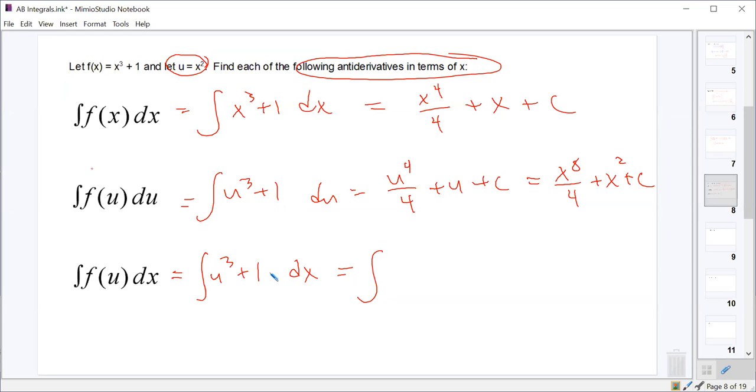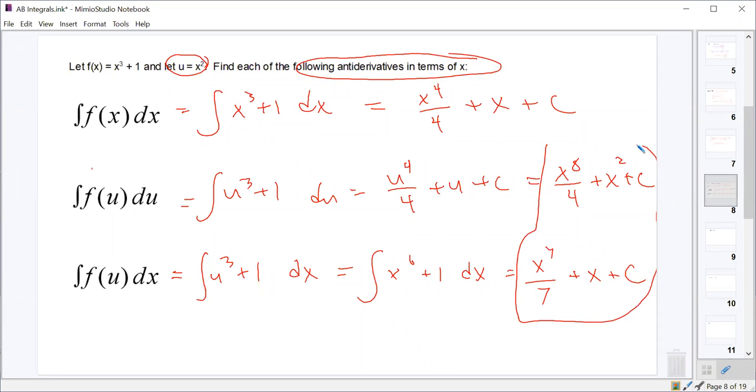And so what would u cubed plus 1 be in terms of x? X to the 6 plus 1. That would be x to the 6 plus 1 dx, which should integrate to become x to the 7th over 7 plus x plus a constant.